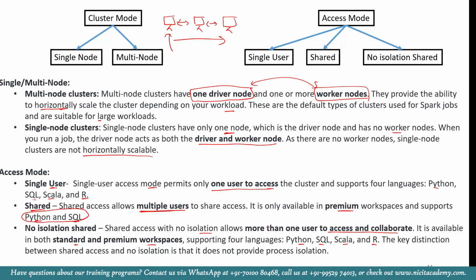The key distinction between shared access and no isolation is that no isolation doesn't provide process isolation. This is the only difference between shared and no isolation shared.